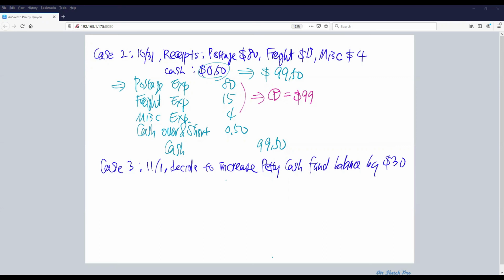Then what's your journal entry? They should be just petty cash 30 with cash 30 being credited. Okay, right. This is your record keeping of the petty cash fund.